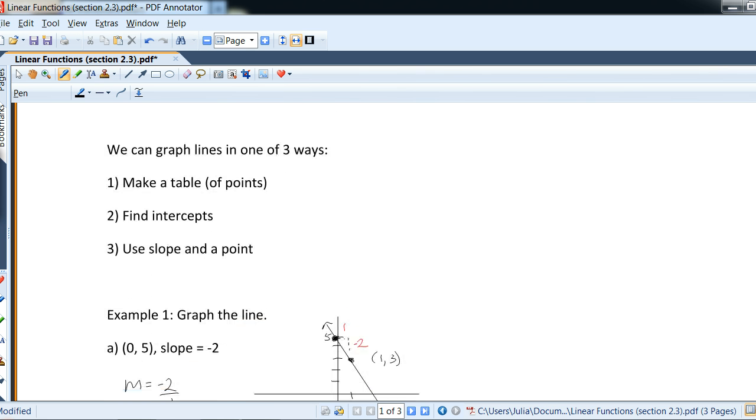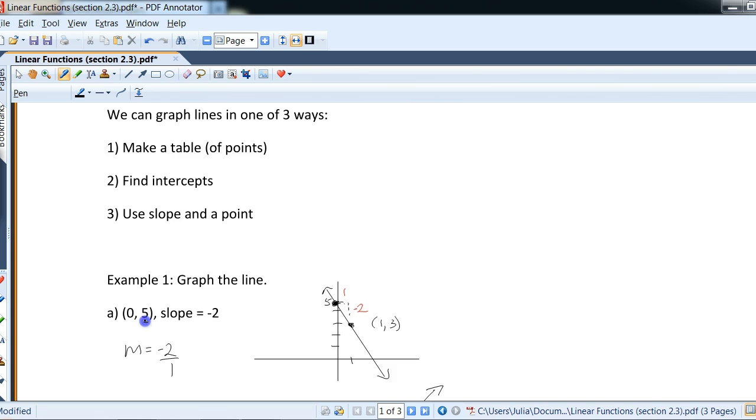So graph the line. Here I have a point, 0, 5, and the slope is -2. Typically, if we want to graph, we want to write the slope as a fraction, rise over run. So it's -2 over 1. And then we start with the first point, 0, 5, right here on the y-axis. It actually happens to be the y-intercept.